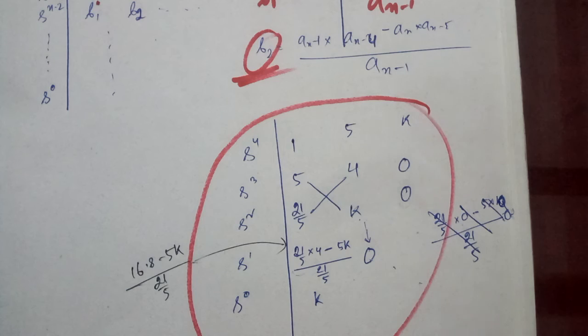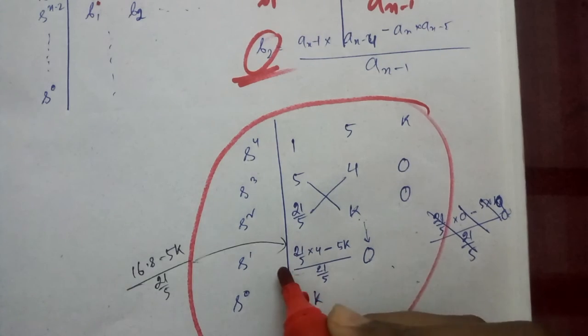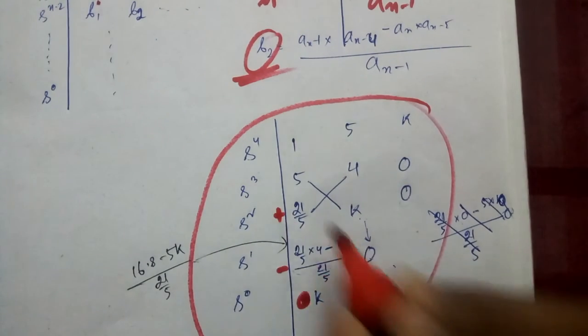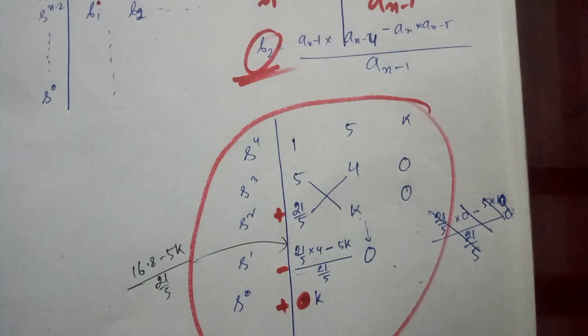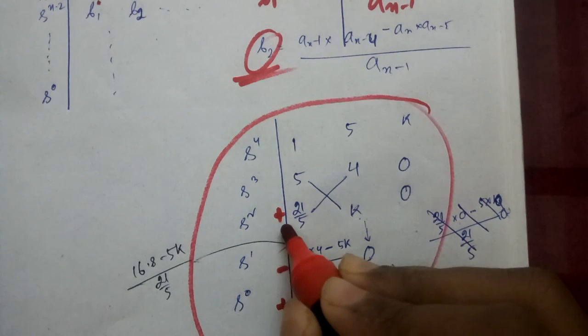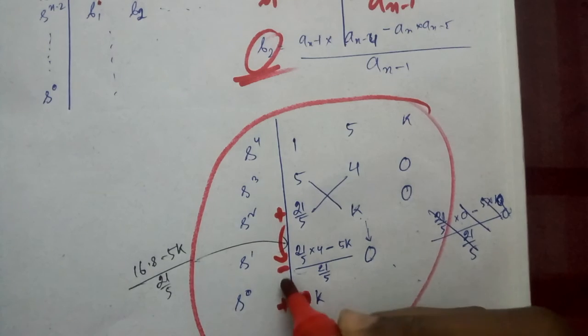And the number of sign changes is the number of poles causing the instability, right? Suppose this value is negative, and this value, let k be positive. The number of sign changes: positive to negative, one sign change; negative to positive, another sign change.